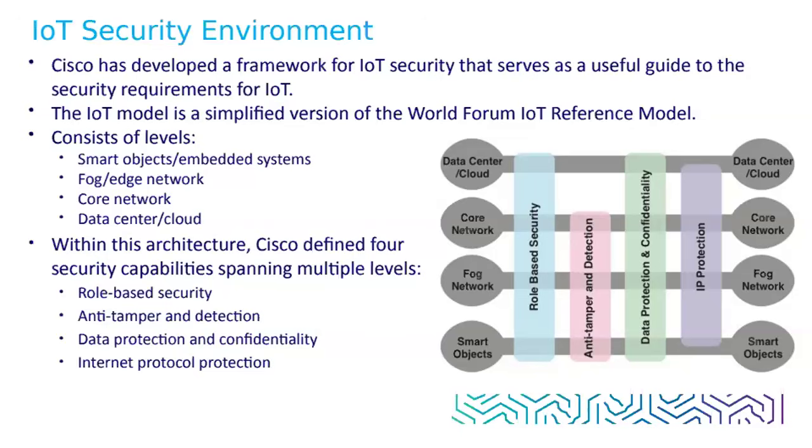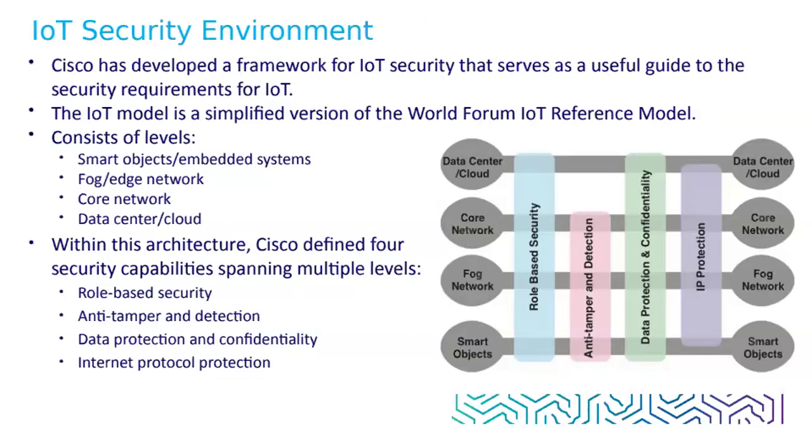The main benefits of this framework are that security across all IoT layers will be effectively considered. Then the protection of smart devices is possible, secure networking is possible, secure cloud services are possible, controlled user access is possible, protecting against tampering is possible, data confidentiality is possible, secure internet communication is also possible.